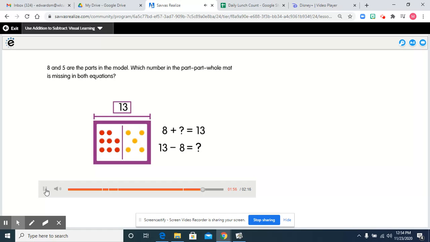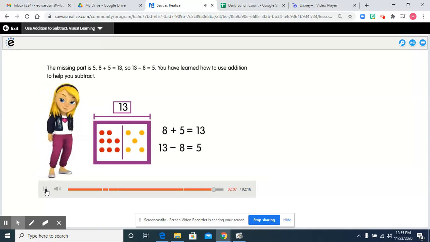Which number in the part-whole mat is missing in both equations? The missing part is 5. 8 plus 5 equals 13, so 13 minus 8 equals 5. You have learned how to use addition to help you subtract. So that's what we're doing today.